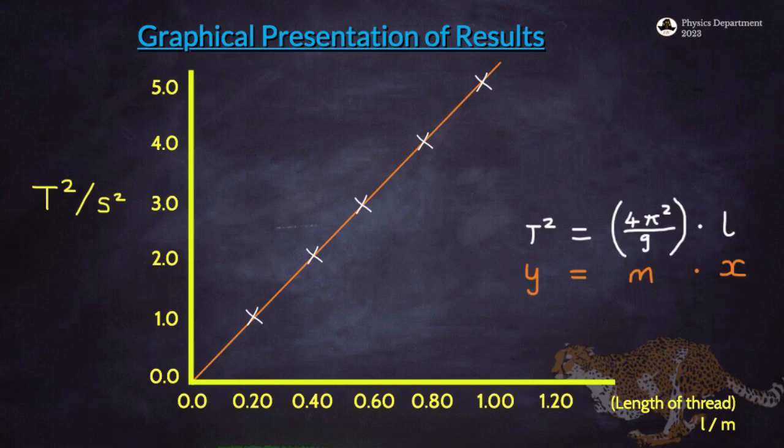So you can see that it's now easier for us to see that t squared is directly proportional to the length of the string used. So as the length of the string increases, we expect that the square of the period will also increase. So it's easier now to see than if we were to use the initial equation, which had the 2 pi and the square root of L over g.